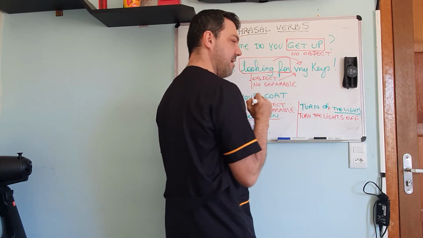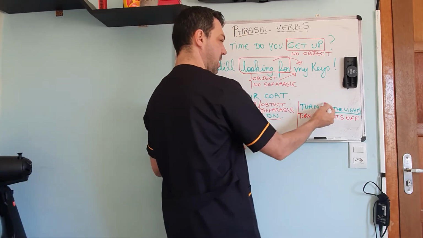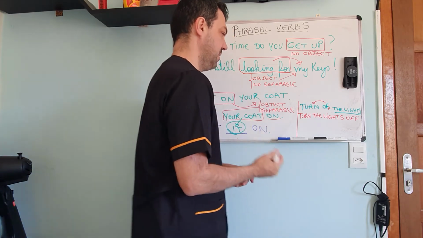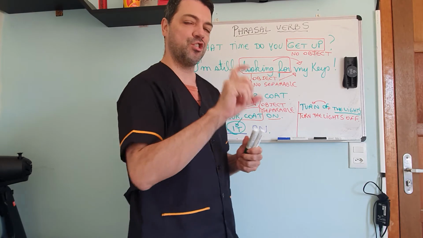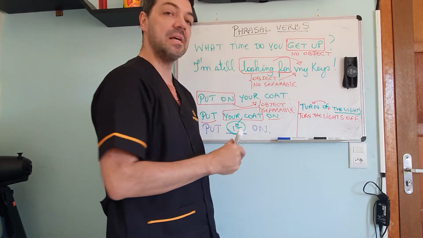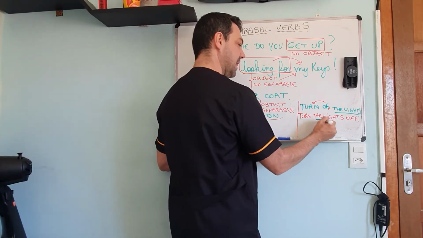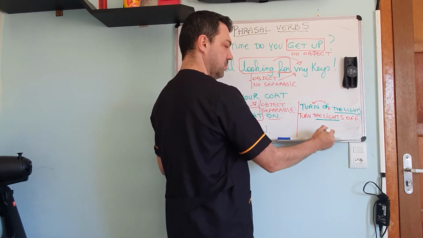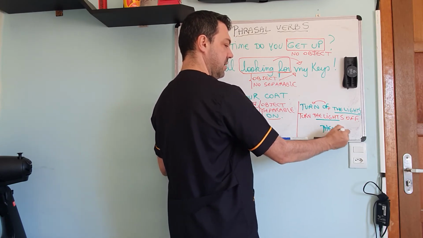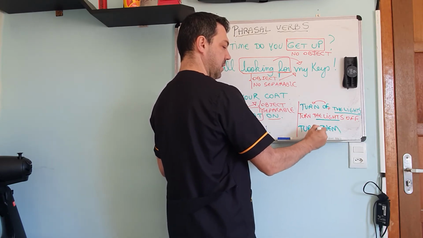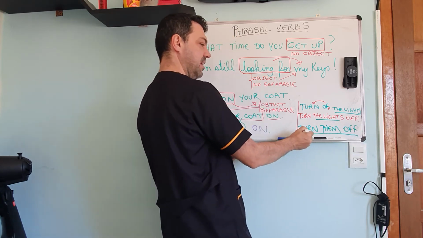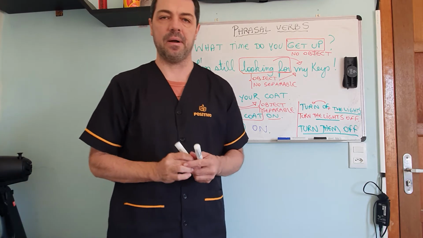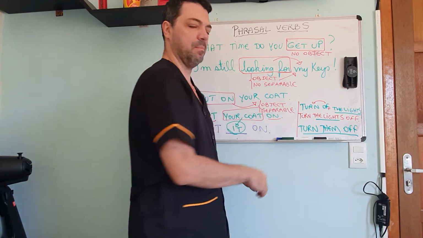Off, double F. Of course, off, because it's turn off. Turn the lights off. But now I want to change the lights and put a pronoun. The lights are plural. So you have to say, turn them off. And this way, you put the pronoun in the middle.